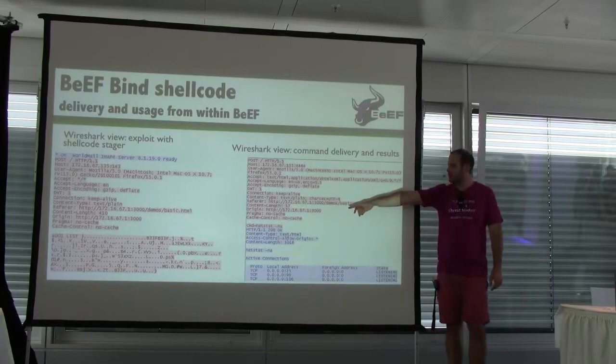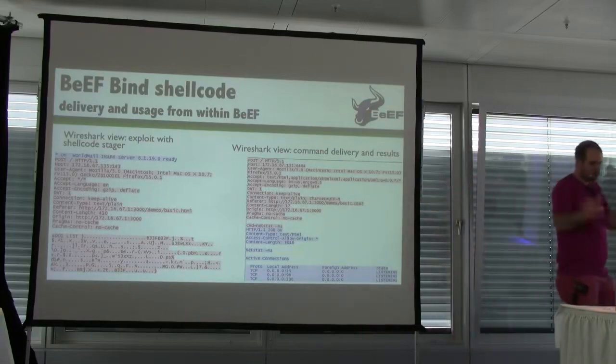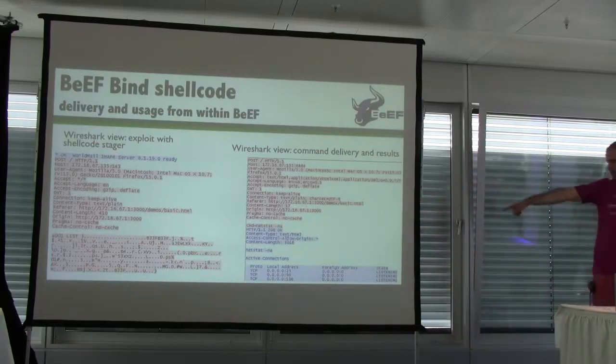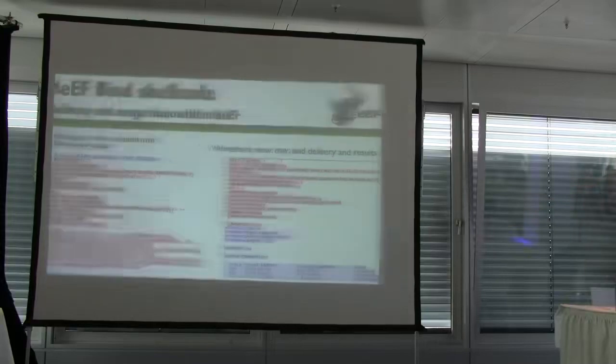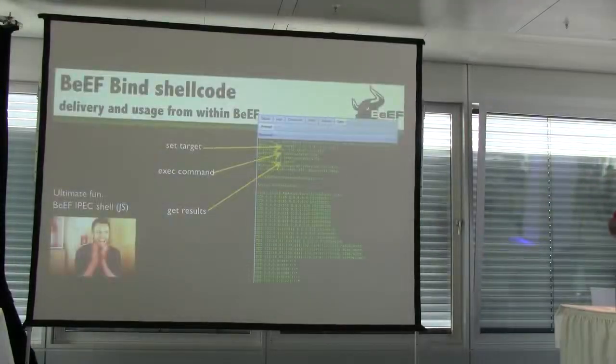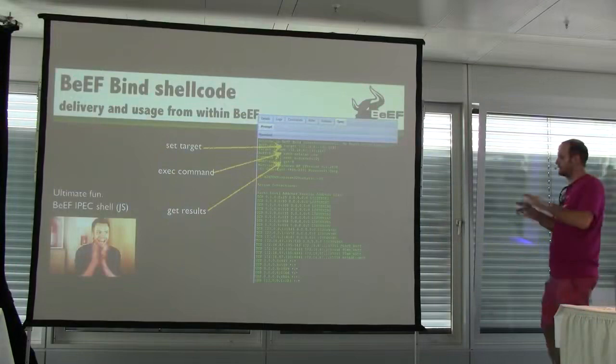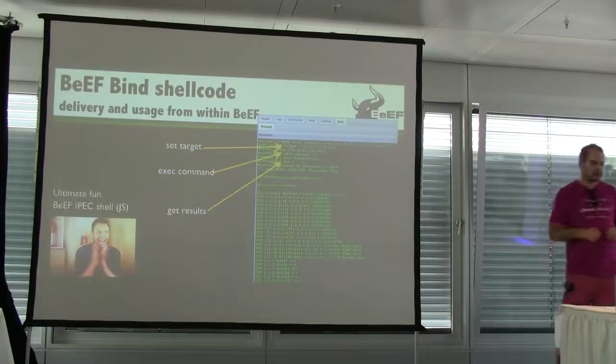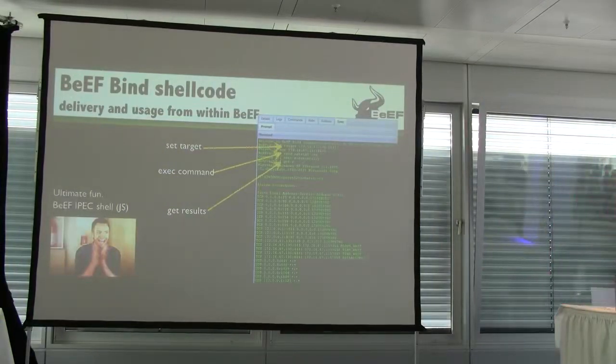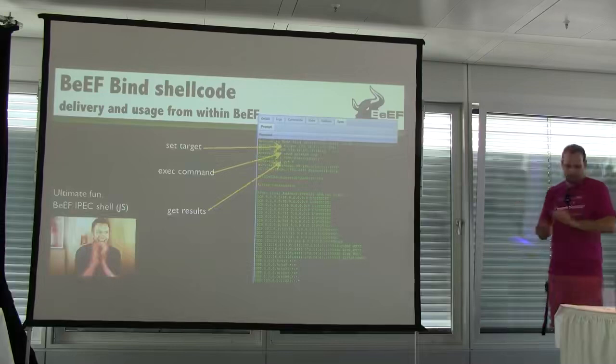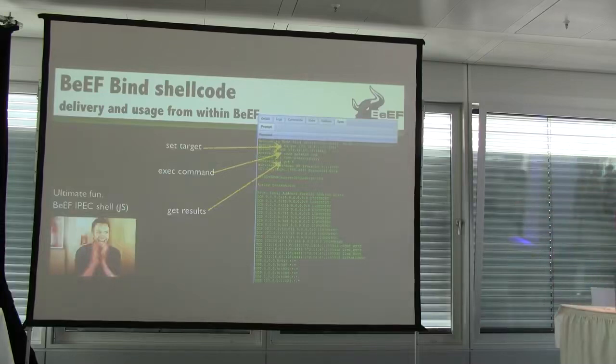In the command value you put a command, the command is spawned, and you get the response back in the HTTP response. There is also a small JavaScript shell in BeEF that helps you compromise the system. As soon as that's delivered, you point to which one is your target, then you can type it, but I need to improve that.